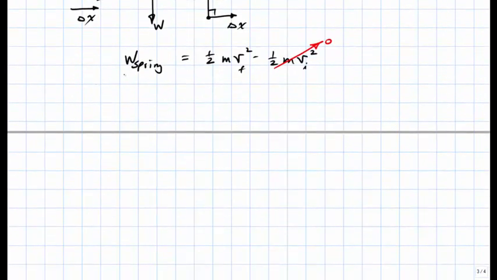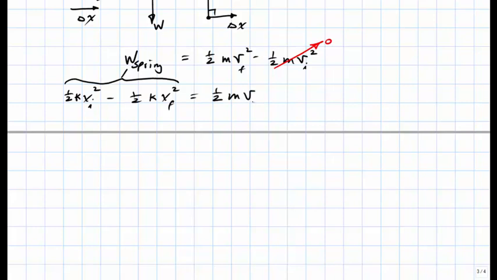So this just becomes 1/2 kx initial squared minus 1/2 kx final squared. That is the work done by a spring, and on the other side we only have 1/2 mvf squared remaining.